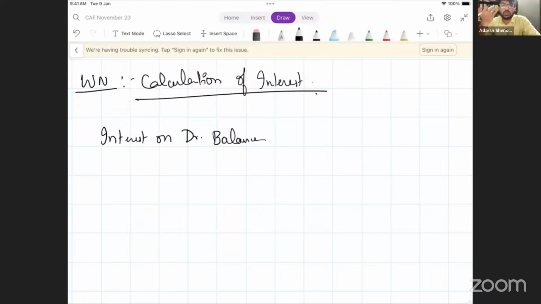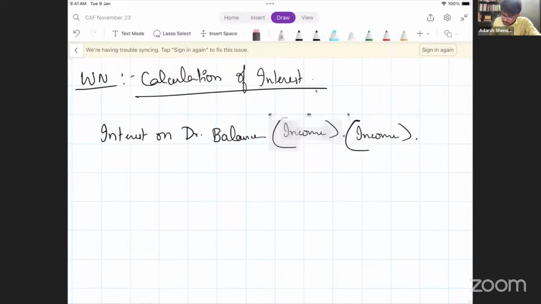Interest on asset means what? Is it receivable or payable for me? Interest on asset means it's receivable, right? Debit balance means receivable. This is income. Interest income. Is this clear? You can write interest income.